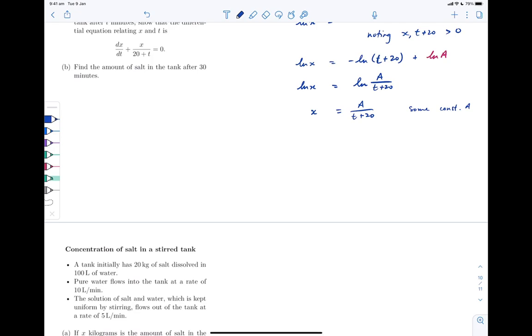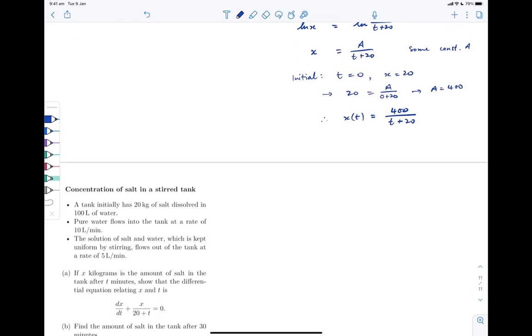Now, given the initial data, t equals 0, x equals 20 kilograms of salt initially. So we have 20 equals a over 0 plus 20, which means a is 400. Therefore x as a function of time is 400 over t plus 20.